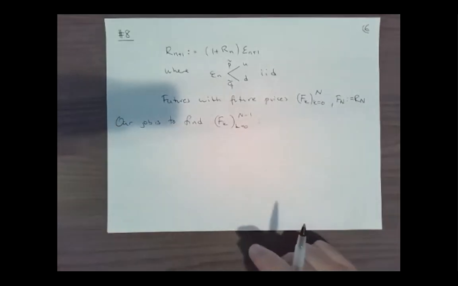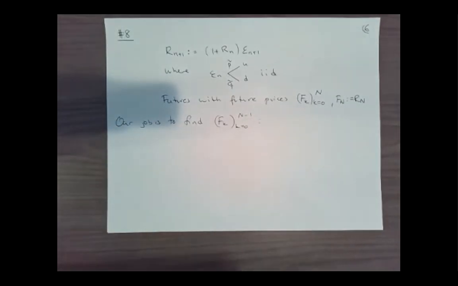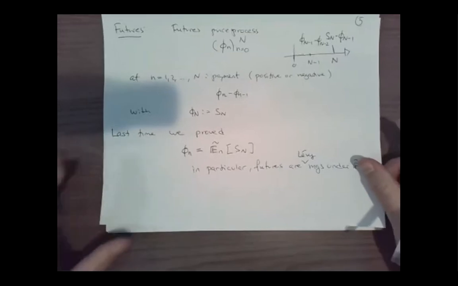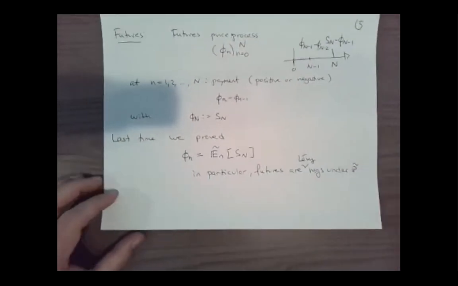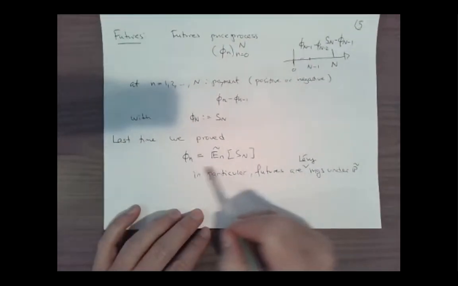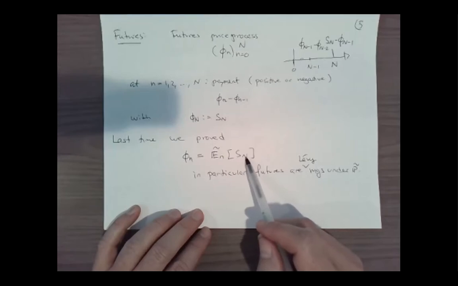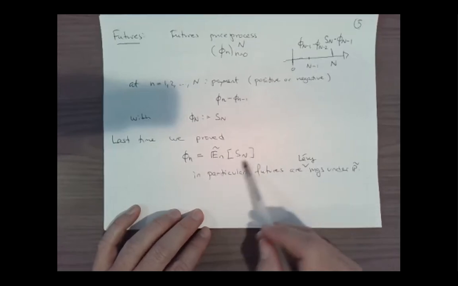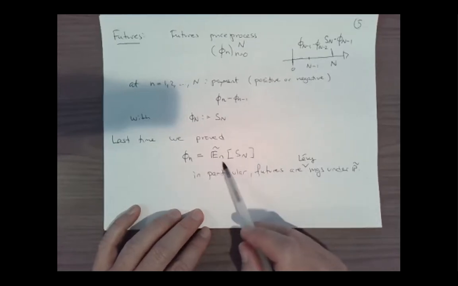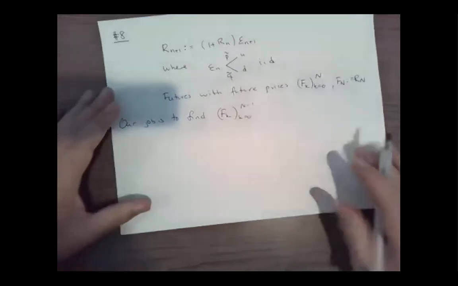And so how do we do it? Well, we're in the setting of this last slide, so we're going to use this formula. We will start by computing this conditional expectation by going from capital N to capital N minus 1.